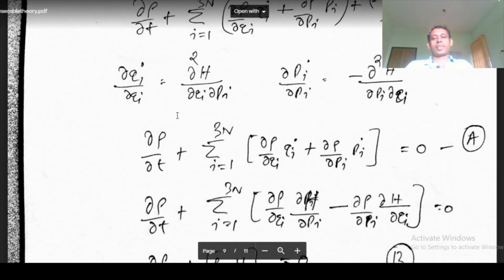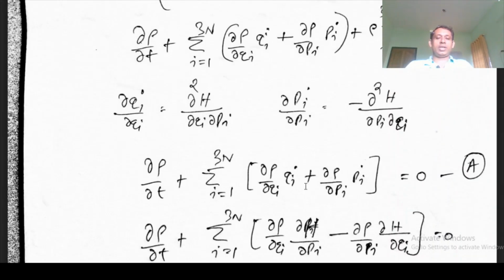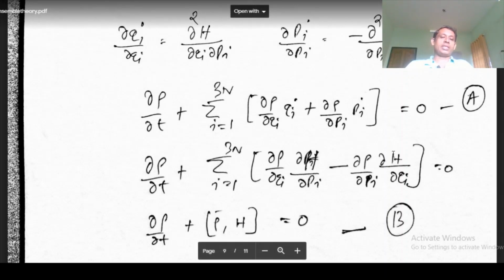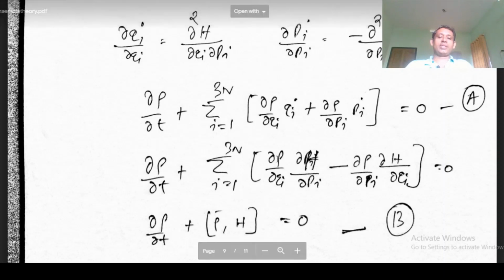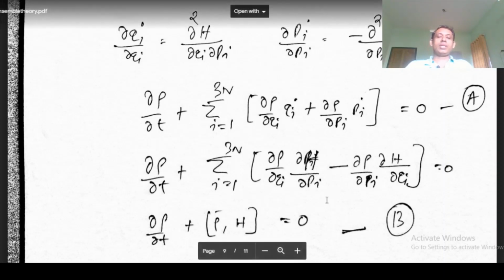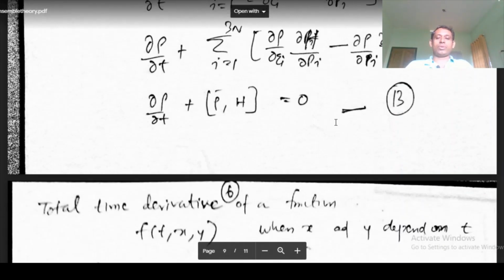Okay, so next thing what I am doing is, for qi dot, as we did here, I am writing ∂H/∂pi. For pi dot, I am writing minus ∂H/∂qi. So sigma i equal to 1 to 3n of ∂ρ/∂qi ∂H/∂pi minus ∂ρ/∂pi ∂H/∂qi, this is equal to 0.